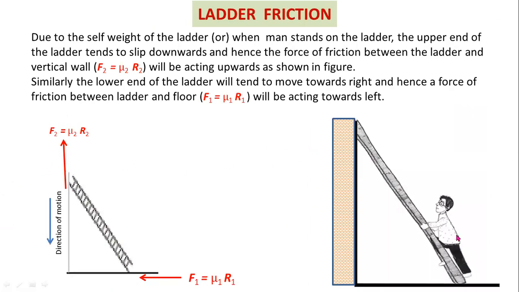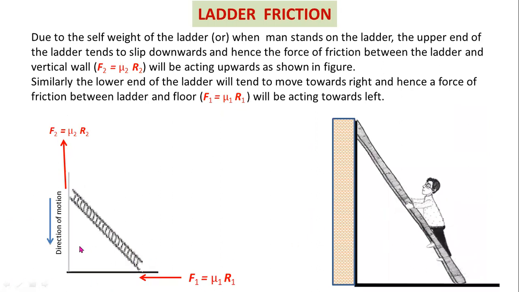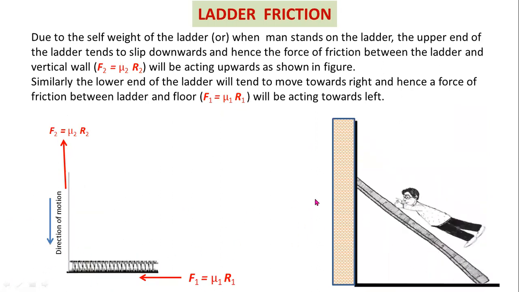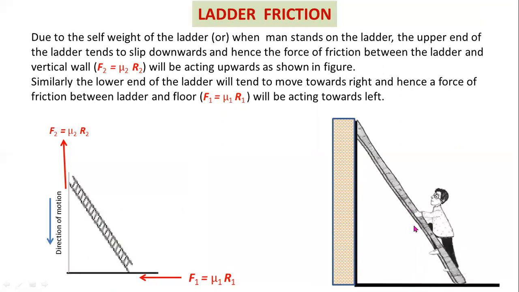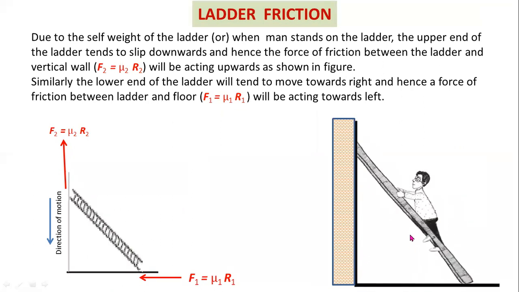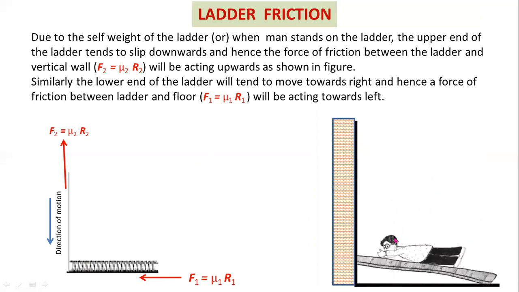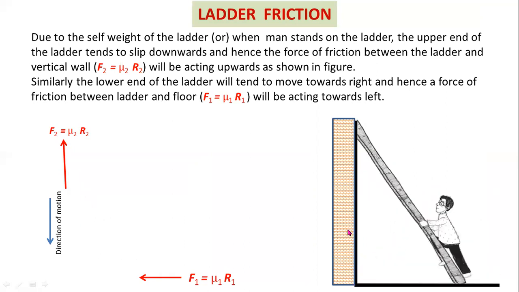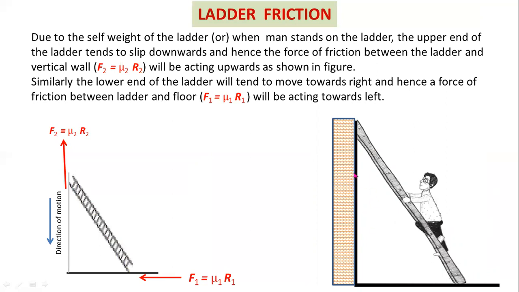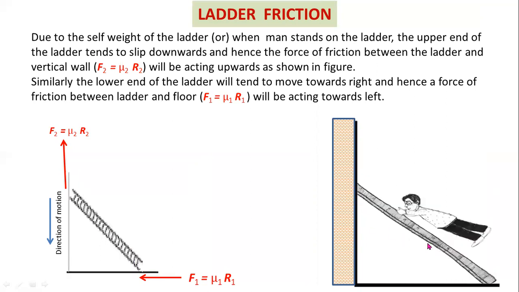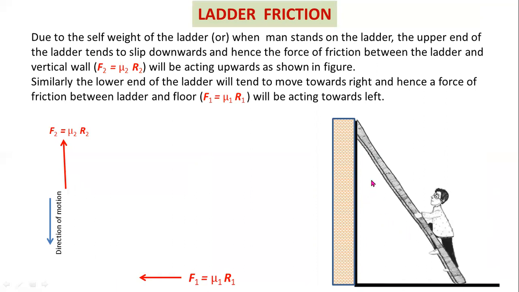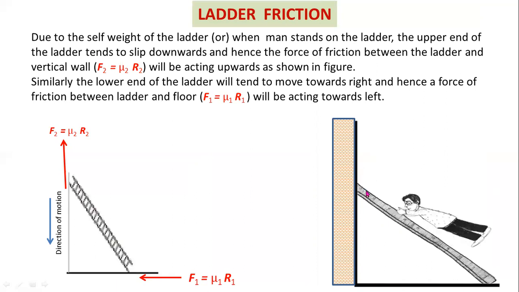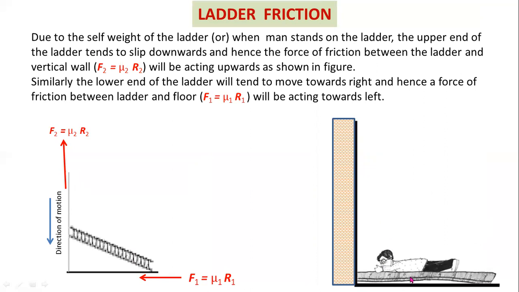In this case, you can observe that due to the self weight of the man or the self weight of the ladder, the upper end of the ladder tends to slip downwards.